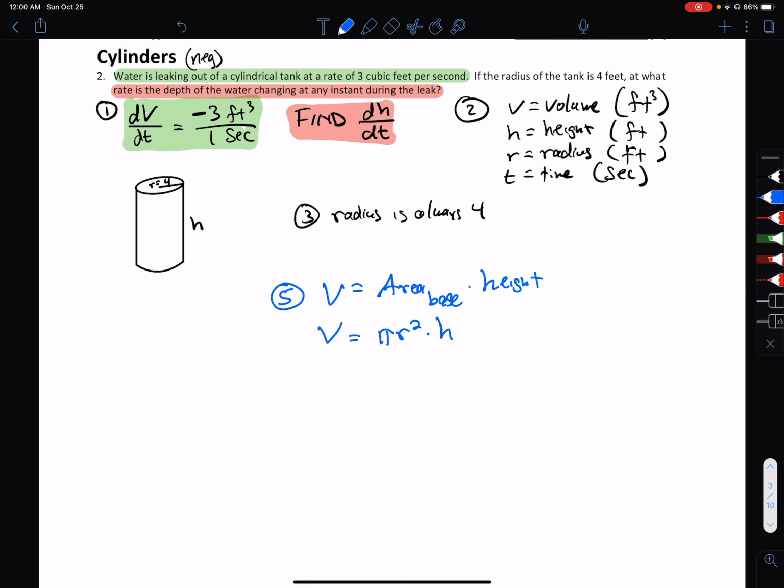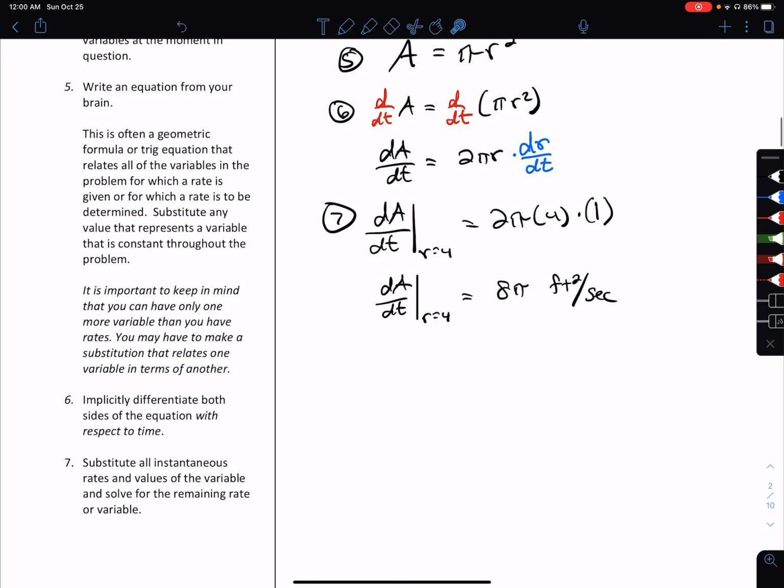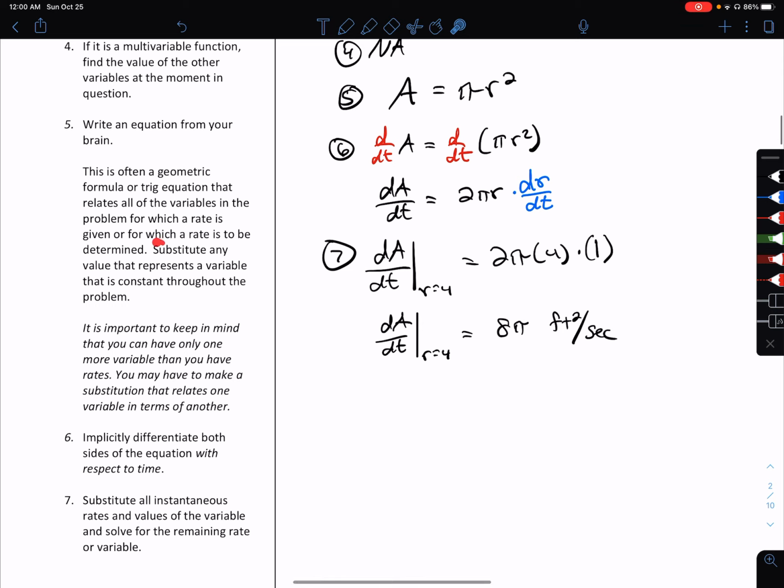Now, before we get into step 6, which is differentiating both sides with respect to time, we wrote in step 5 on the previous page, right here, substitute any value that represents a variable that is a constant throughout the problem. We want to do that now.